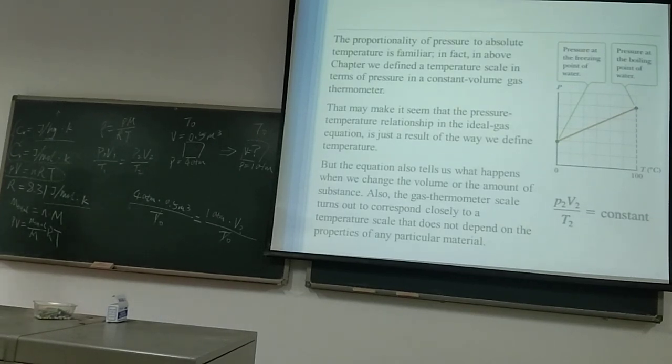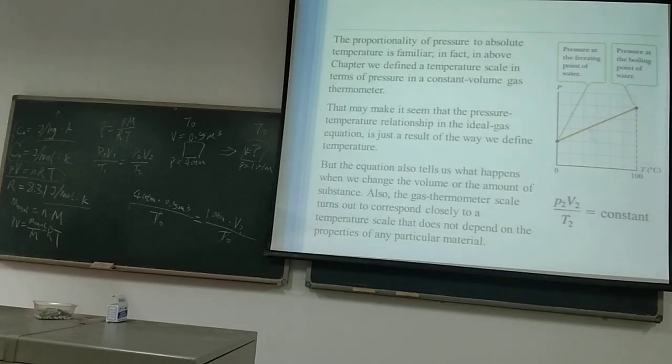But the equation also tells us what happens when we change the volume or the amount of substance. Also, the gas thermometer scale turns out to correspond closely to a temperature scale that does not depend on the properties of any particular material.